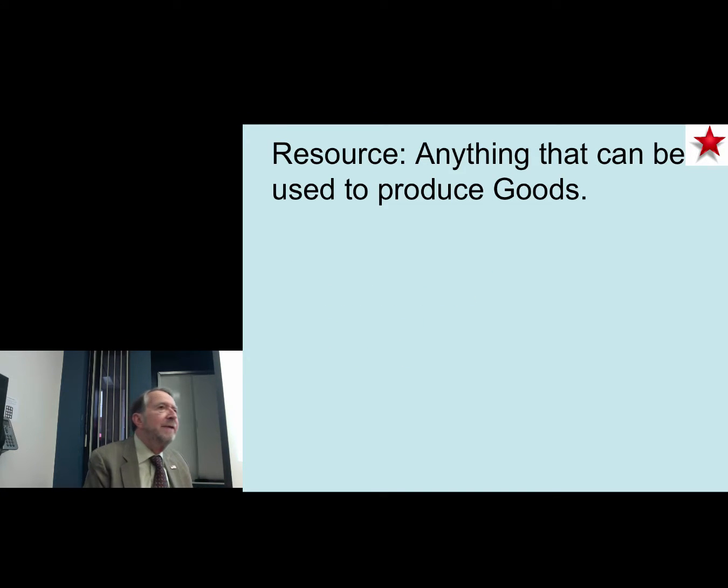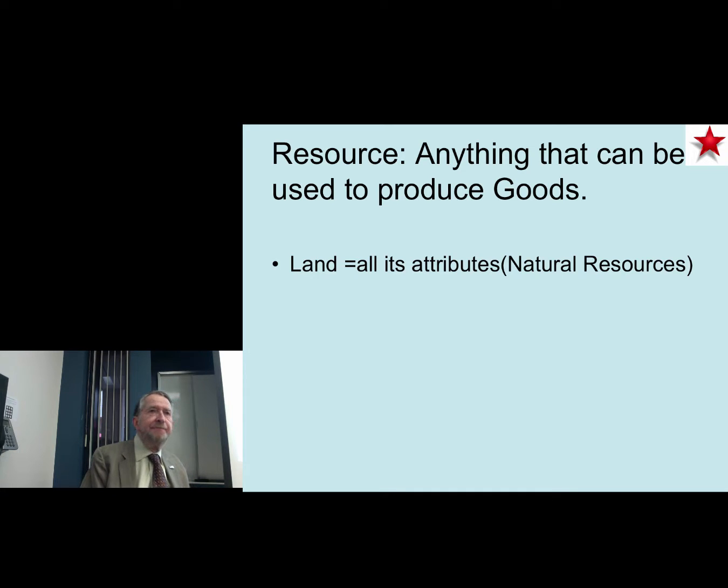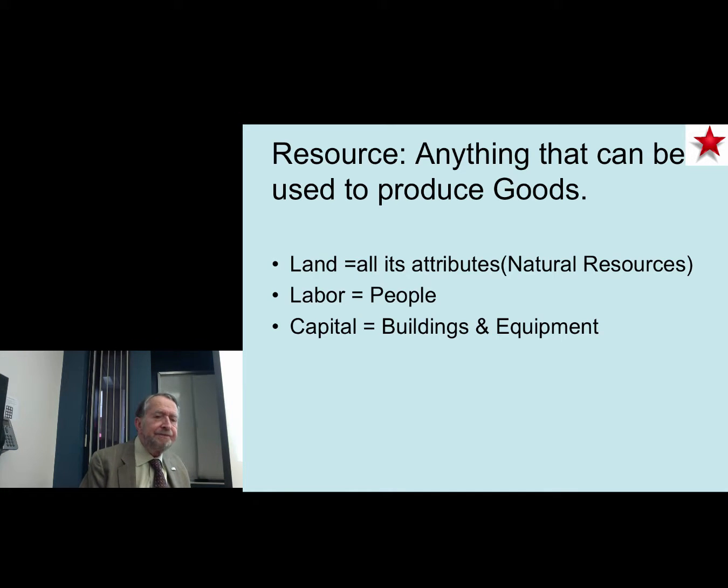A resource we can define as being anything which can be used to produce goods. Anything at all which could be used to produce those things we would like to have is called a resource. Standard resources you learned in the introductory classes were land, labor, and capital.